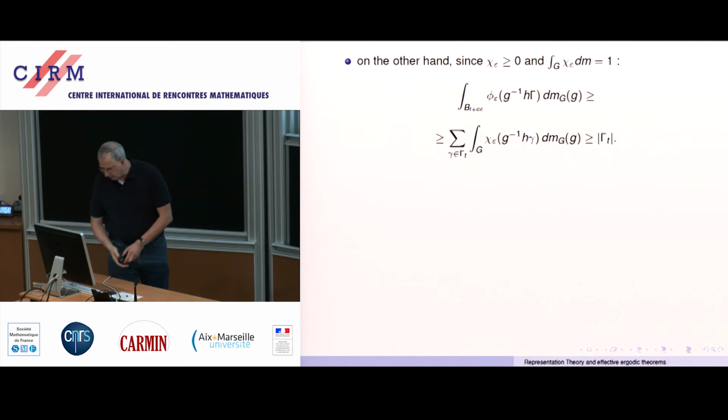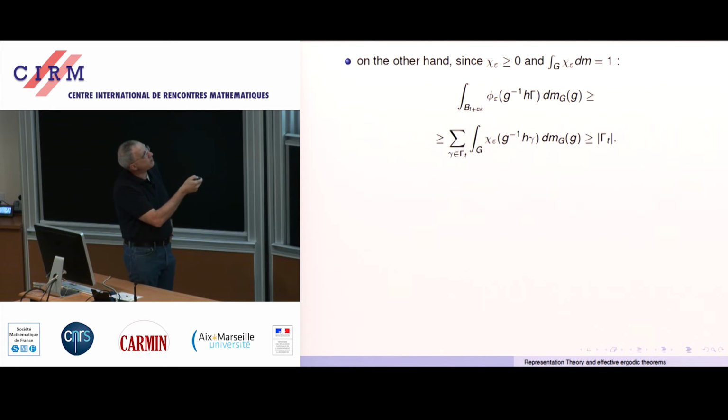Now the upper bound is very similar. Of course, it's clear that chi epsilon is non-negative and it has integral 1. So now we want to consider the integral over a slightly larger ball of our function phi epsilon. It's clear that we can take a sub-sum.